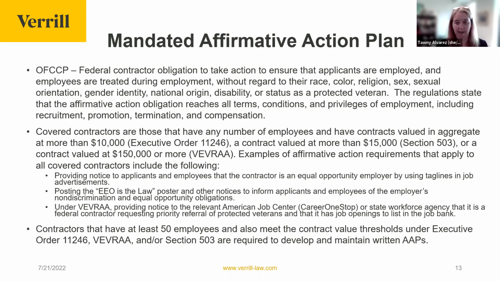So let's say you have five $2,500 contracts, so your aggregate's more than $10,000, or you have a contract that's valued at more than $15,000, so one contract for $16,000, or you have a contract that's valued at $150,000 or more, and this is under a different provision under VEVRAA, which is going to be just a very specific subset of our audience. If this applied to you, you would have an understanding that it was applicable to you based off of your contracts with the federal government.